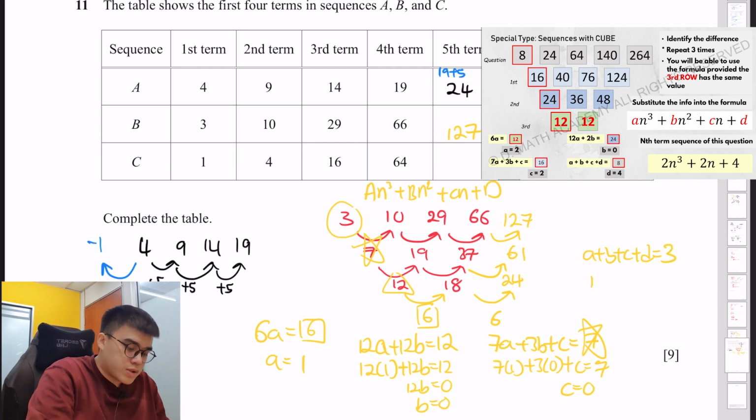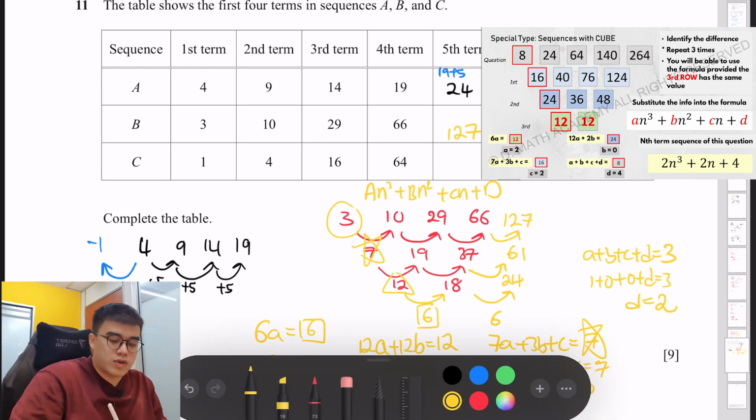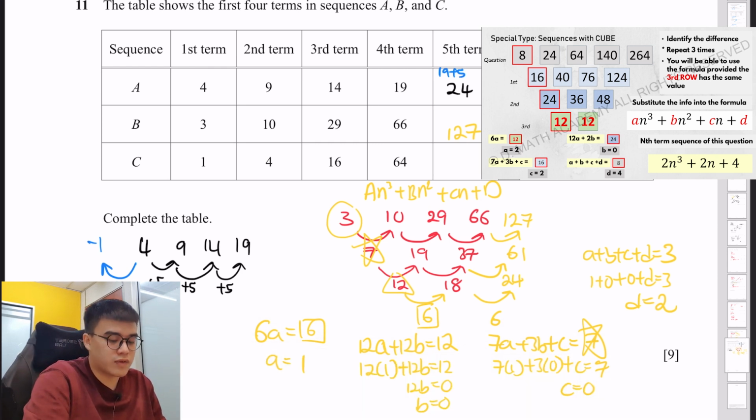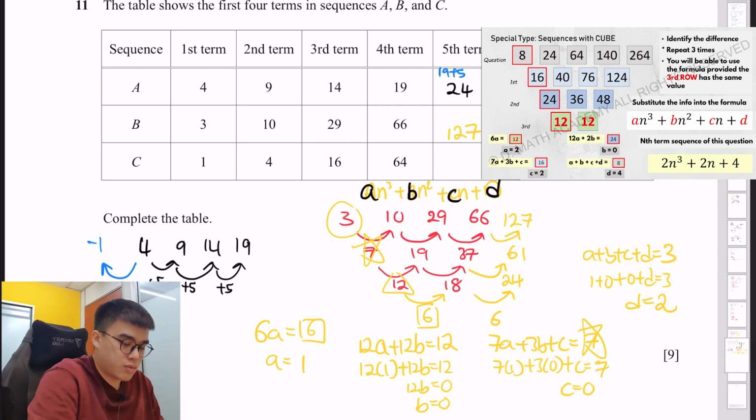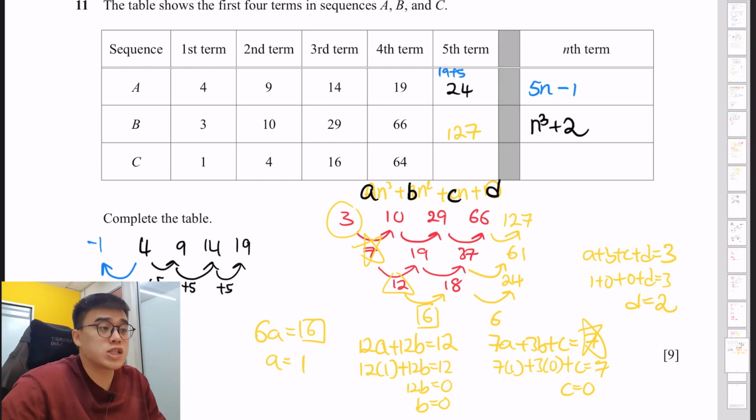So 1 plus 0 plus 0 plus d equals to 3. d is actually 2. So with all this being said, I'm able to prove this equation after substituting my a, b, c, d. a is 1, so n cubed plus 2 is my final answer.